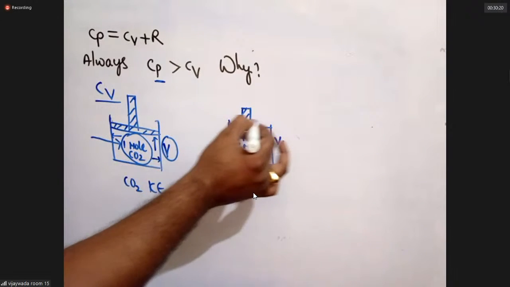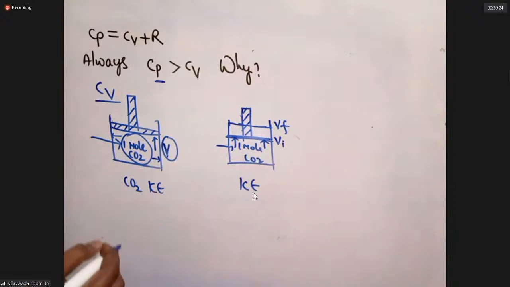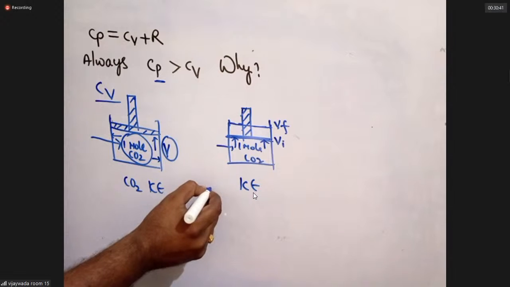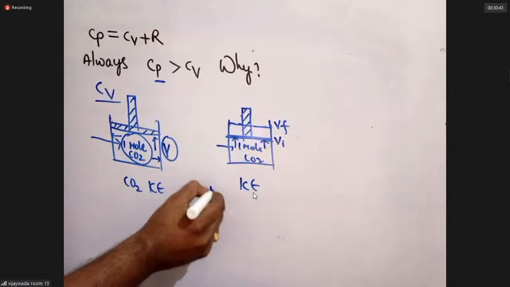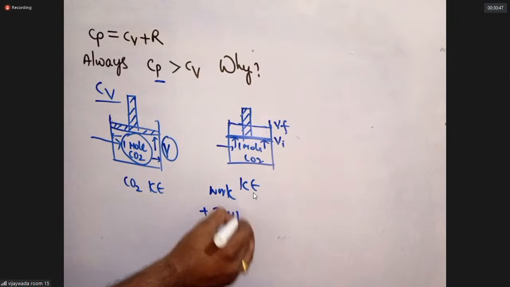When volume of the system increases, the pressure will decrease. So indirectly the system can keep pressure constant by doing some mechanical work. So the problem is here, the supplied heat energy is utilized for doing some work and also for increasing temperature.